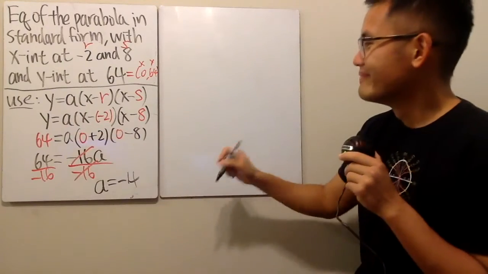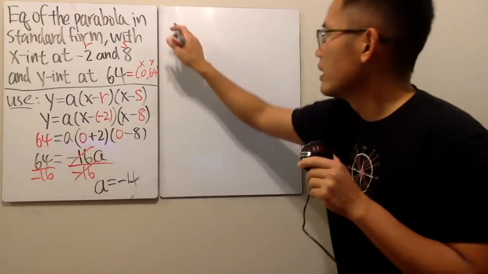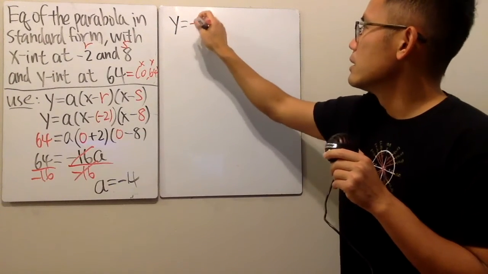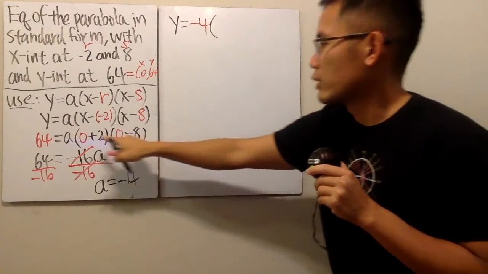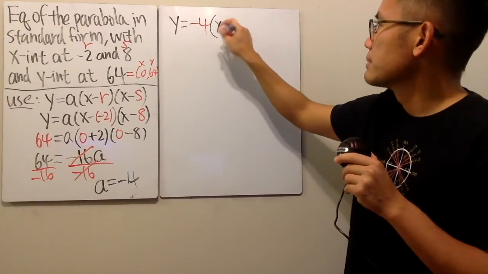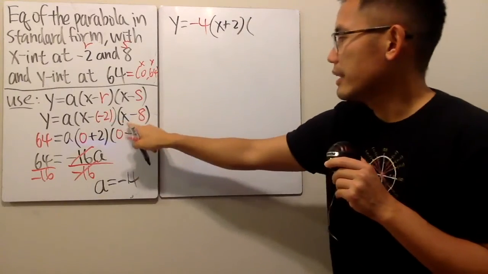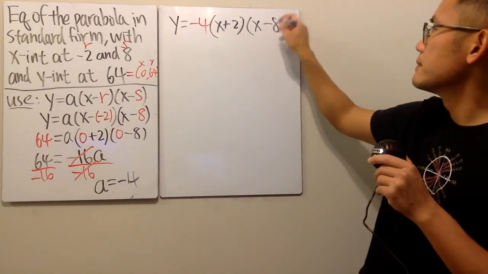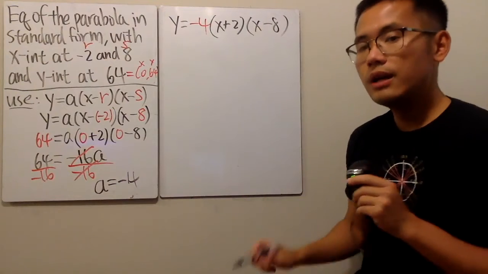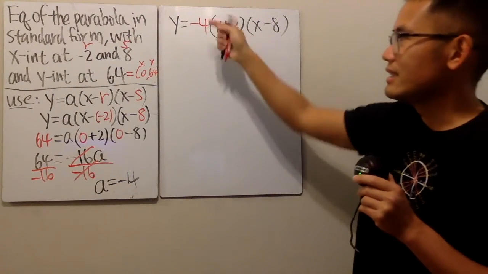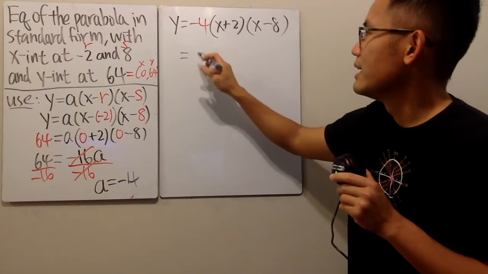Let me show you. Putting this down right here, we will have y equals a, which is -4, right? And then, of course, I'll just write down the rest. This is (x plus 2) times (x minus 8). As my recommendation, let's go ahead and multiply this out first, and then in the end, we just have the -4 on the outside. So have a look.